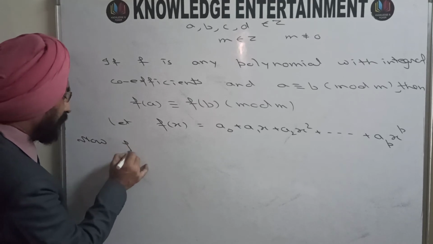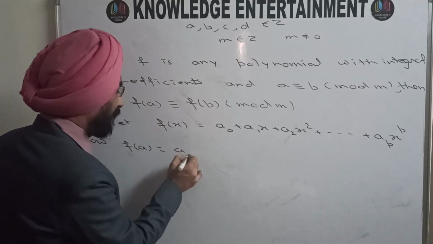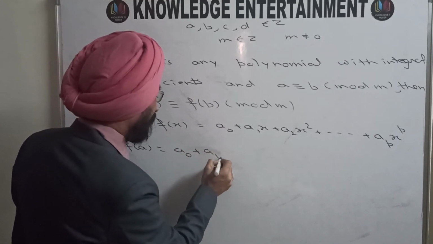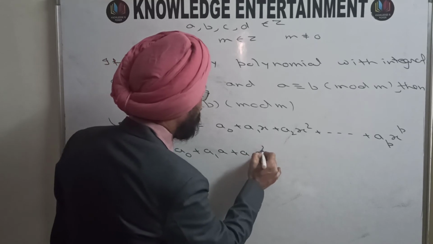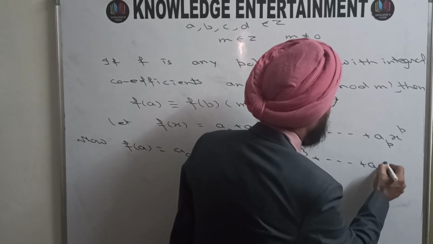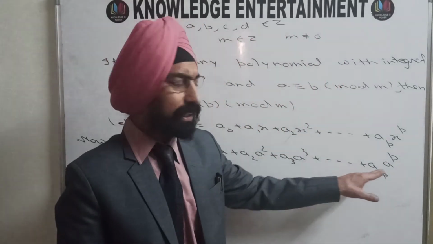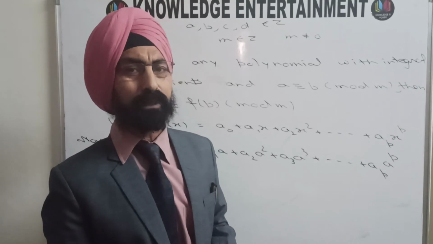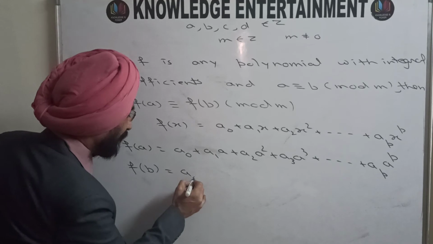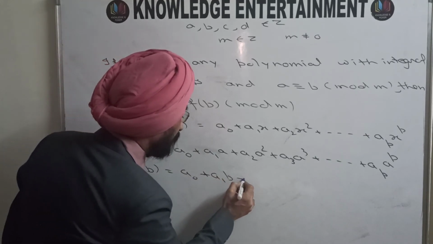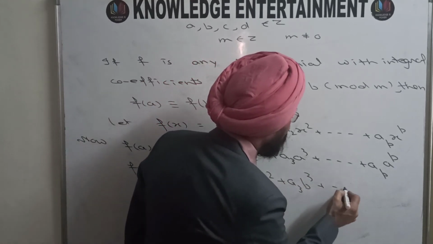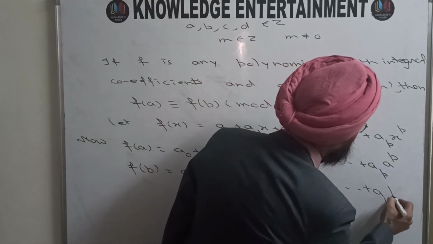Now your f(a) is a0 plus a1a plus a2a square plus a3a cube plus and so on plus ap a raised to the power p. This ap is a coefficient and this a power p is the product of a, p times. And what is your f(b)? Your f(b) is a0 plus a1 times b plus a2 times b square plus a3 times b cube plus and so on plus ap times b raised to the power p.